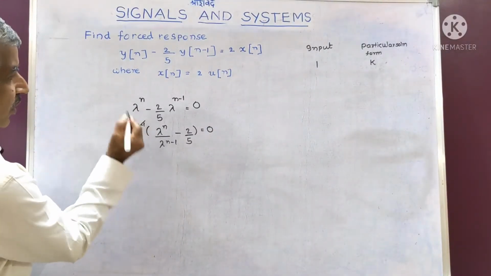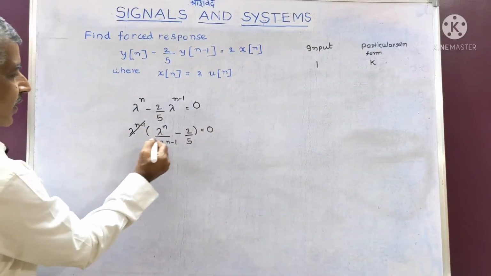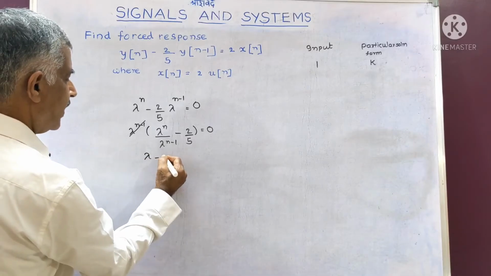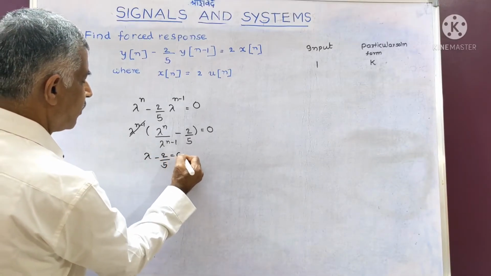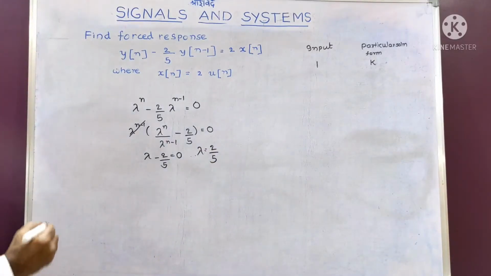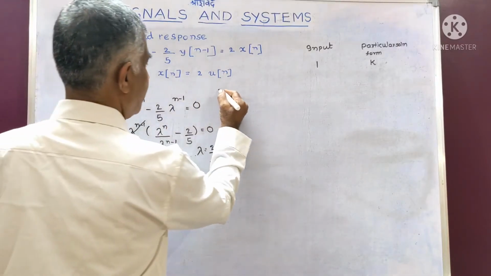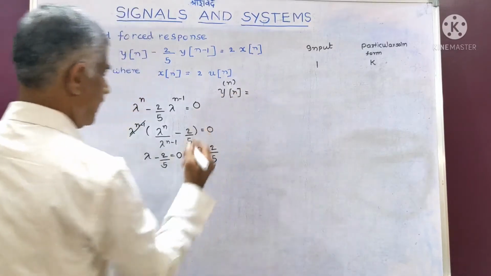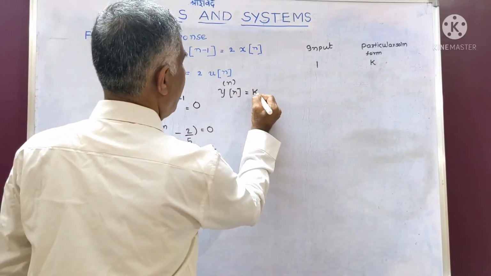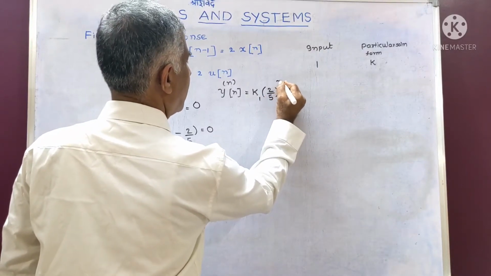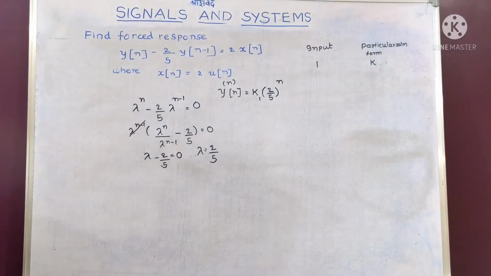If you simplify this, it becomes lambda minus 2 by 5 equal to 0. Therefore lambda equal to 2 by 5. So what is the natural response? The natural response is a constant k1 times 2 by 5 to the power of n.